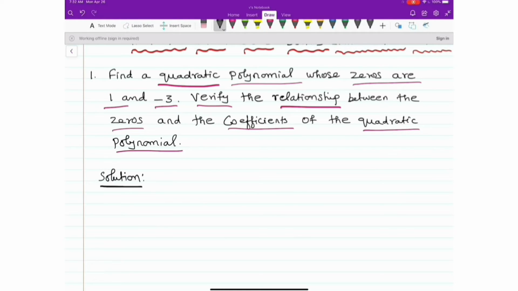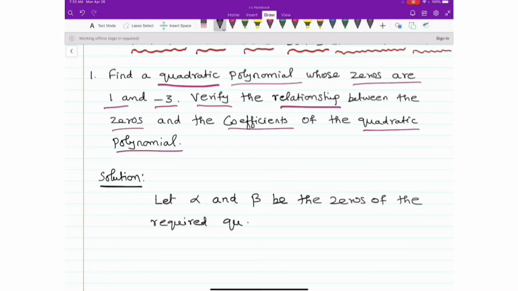What are the things given to you? The zeros of the quadratic polynomial are given. Let alpha and beta be the zeros of the required quadratic polynomial.